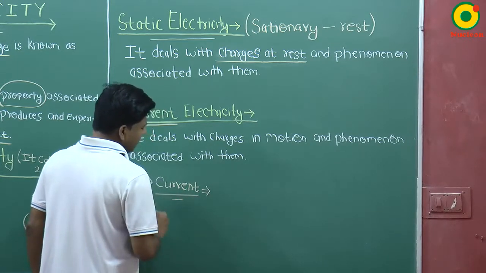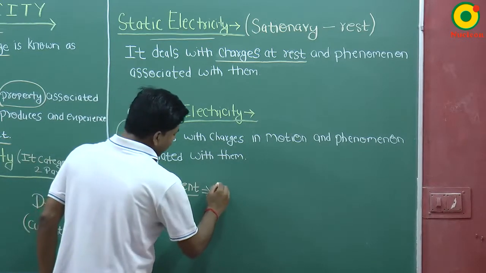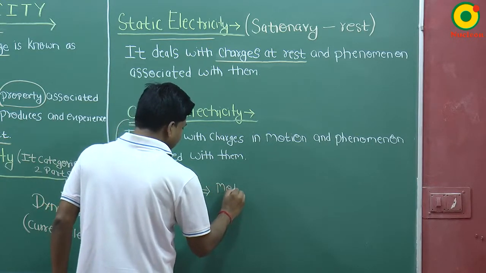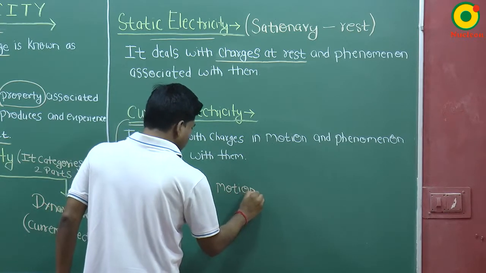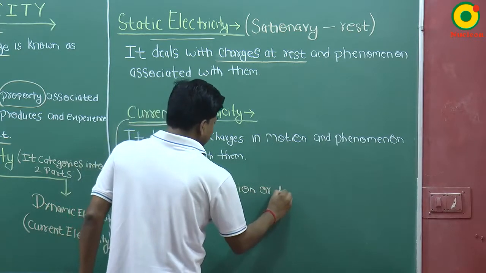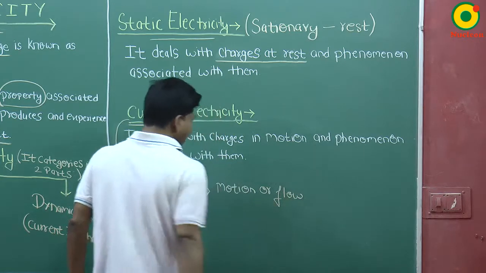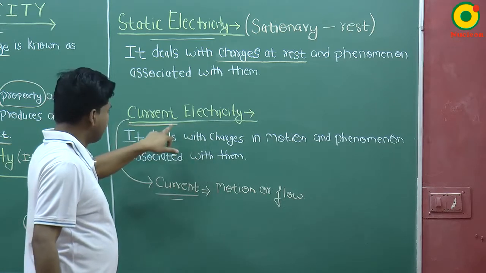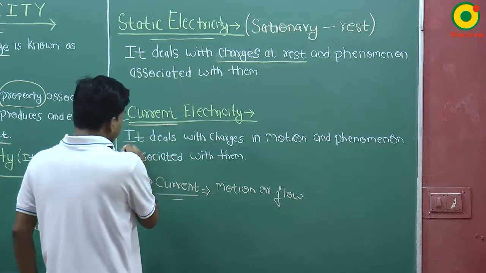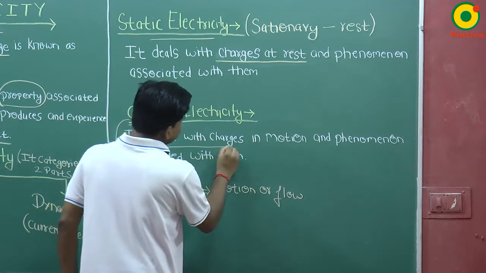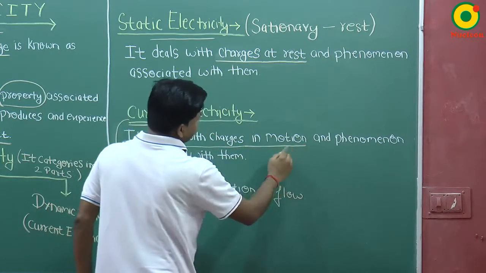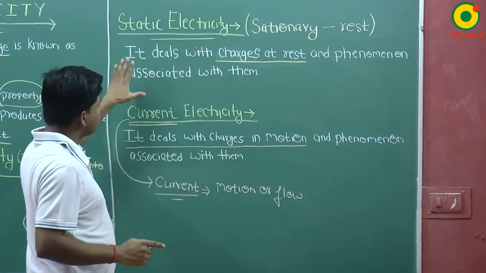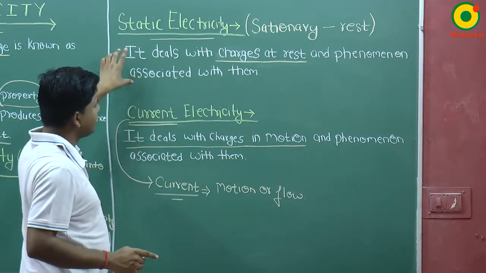In simple words, current represents the state of motion or flow of anything. So what do we mean by current electricity? Current electricity deals with charges in motion and the phenomena associated with them. We will study both these categories of electricity in detail.